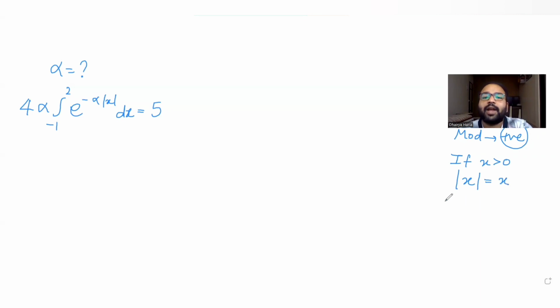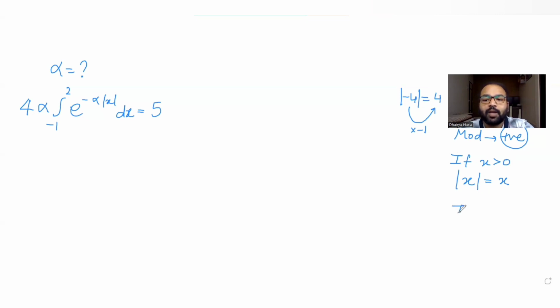But if there is a negative value inside the mod, for example mod of -4, what we do is remove this negative sign and write it as 4. Or in other words, whenever there is a negative numeric entry inside the mod, we multiply it by -1 to get a positive value for that answer, right?